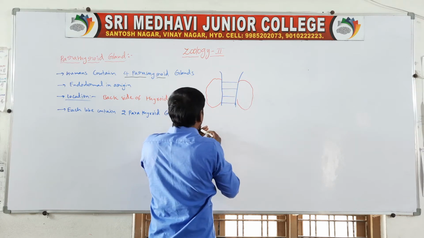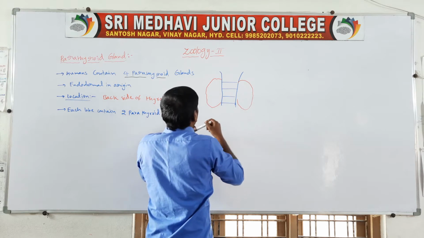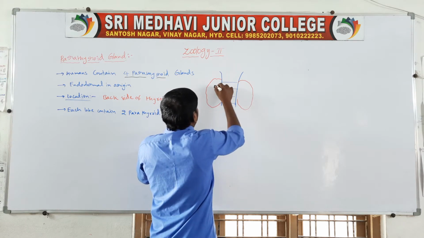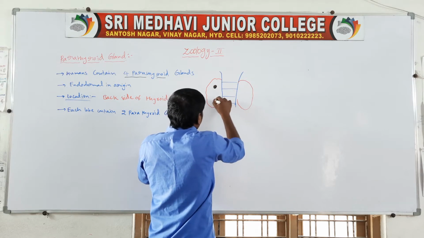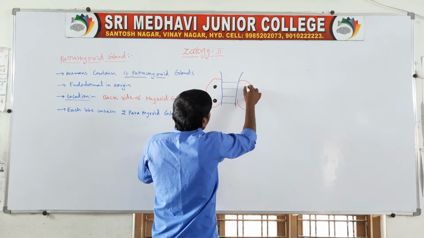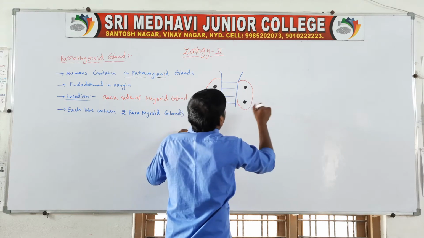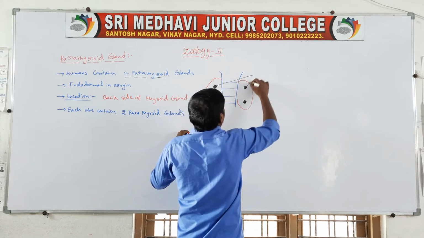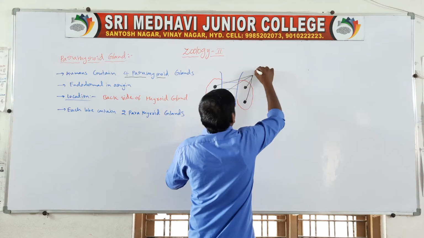On the back side of the thyroid gland, each lobe contains two parathyroid glands. So these are the parathyroid glands.